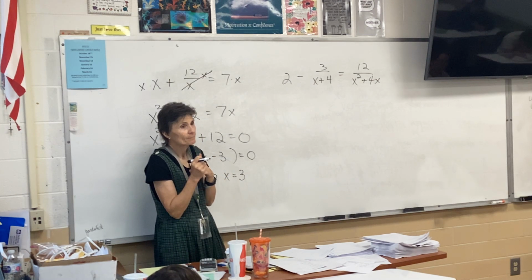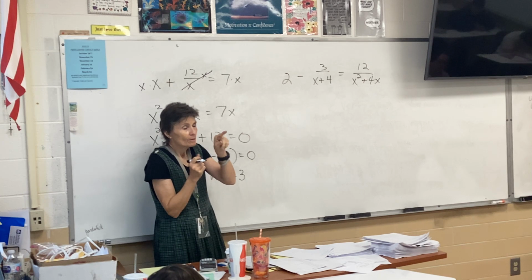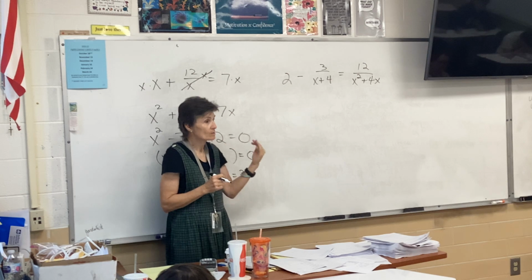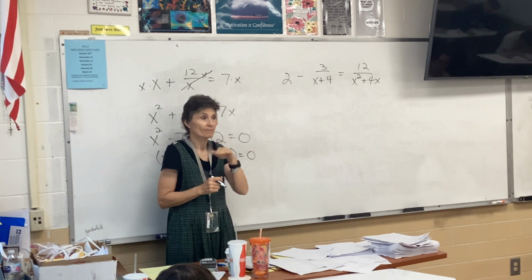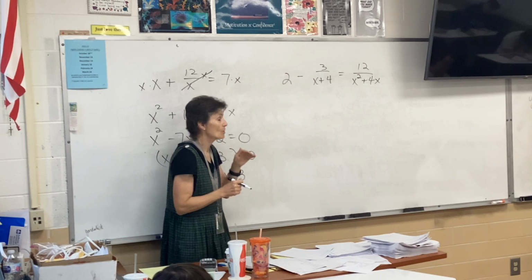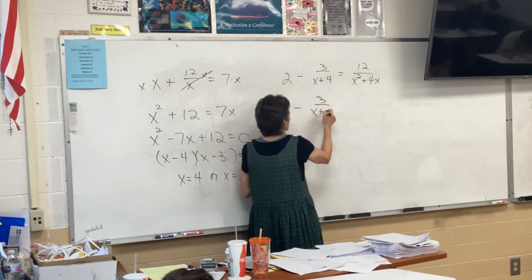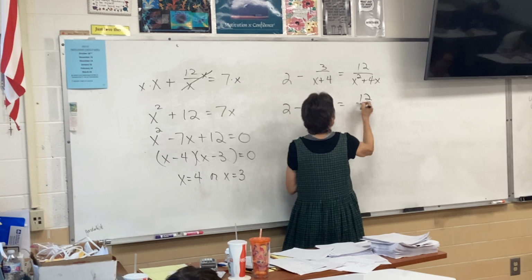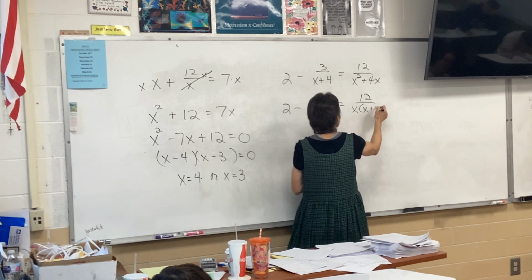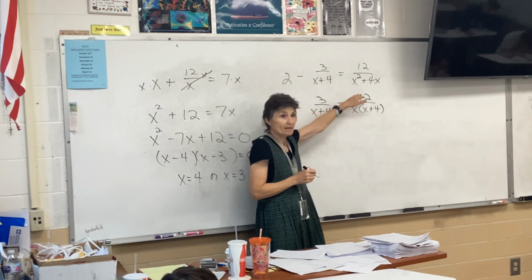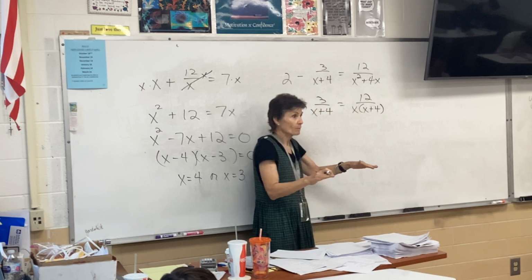Sydney? Greatest common factor out of the X squared. Exactly. So you know how in the problems that we're going to have a quiz over, what was the first thing we did? Factor, right? Factor, factor, factor. So if something factors in the problem, do that first. So Sydney noticed that we can take an X out of that denominator. So that's what we're going to do first.